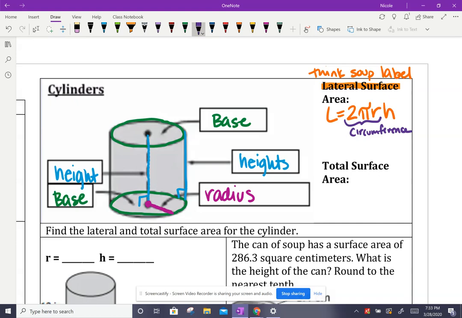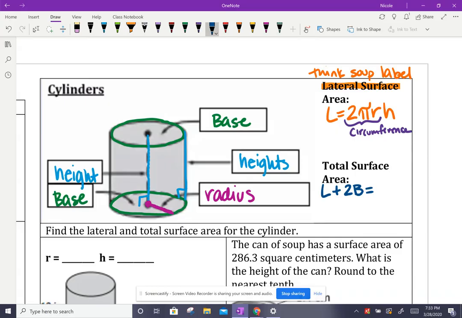So we're revisiting ideas that we have already talked about and adding more information to them. Now for total surface area, you are going to have lateral plus 2 times the area of your bases. Now, our bases are circles, so the area of a circle is pi r squared.